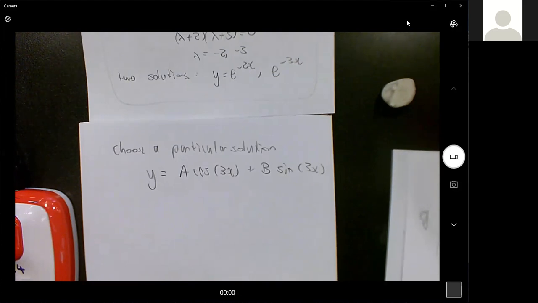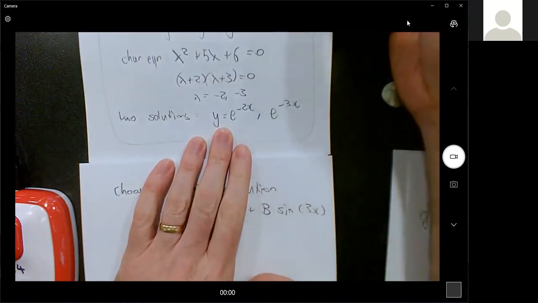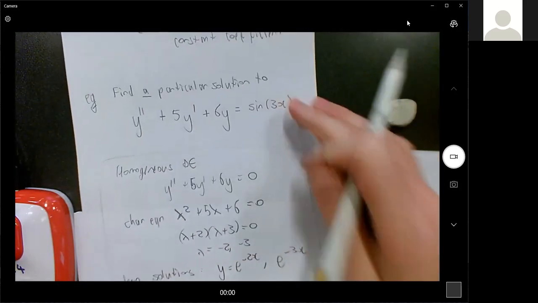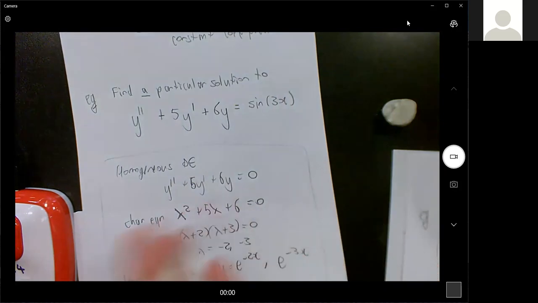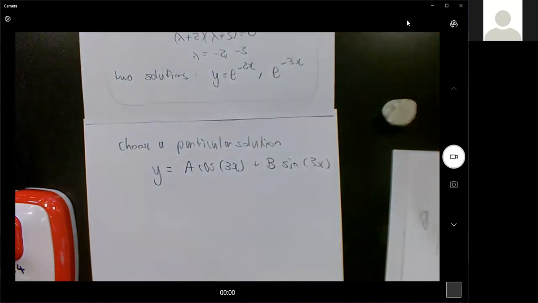So that's the reason. But it definitely won't work if you leave them as they are. If this had been an e to the minus 3x up here, I would not have been able to use it as a particular solution because it's a particular solution to the homogeneous one, not to this one. So it is a solution just to the wrong differential equation.